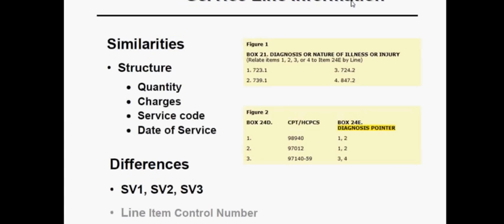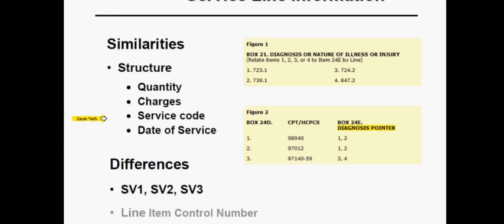Okay. So now let's talk about the service line information. We have seen the claim level information in the previous slide. Now we will talk about the service line information. Service lines are the different services provided by the physician, right? Basically it would contain the quantity, I mean the medicines or the number of days in which he was admitted, the charges for that particular service, and the service codes, like the CPT codes or HCPCS codes that we talked about.